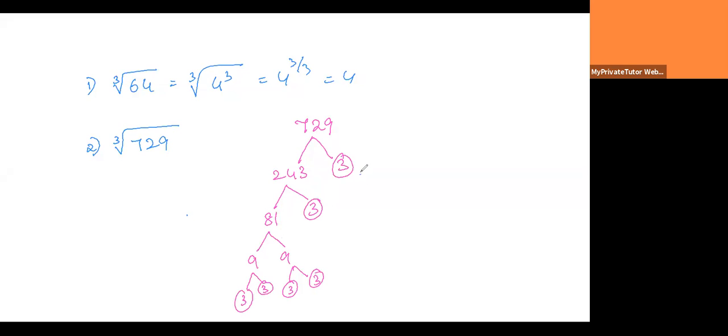For a cube root, the factors have to be in multiples of 3. How many do we have? 6, right? So 3 power 6. 3 power 6 is nothing but 3 cubed times 3 cubed. So what I mean to say is, we have a 6. Okay, that's fine. Let me write it all.